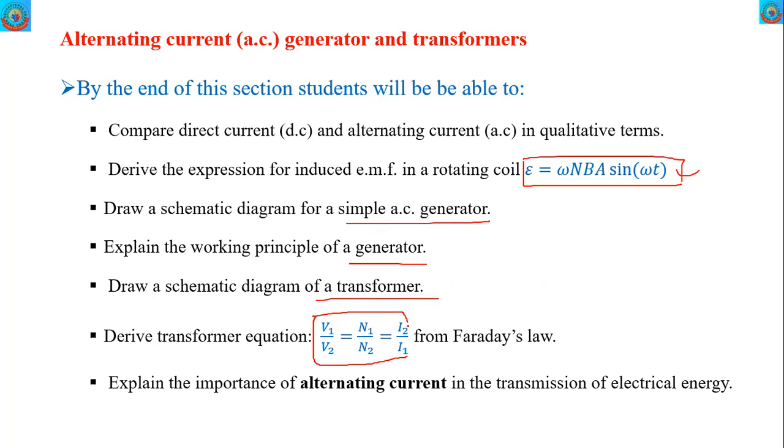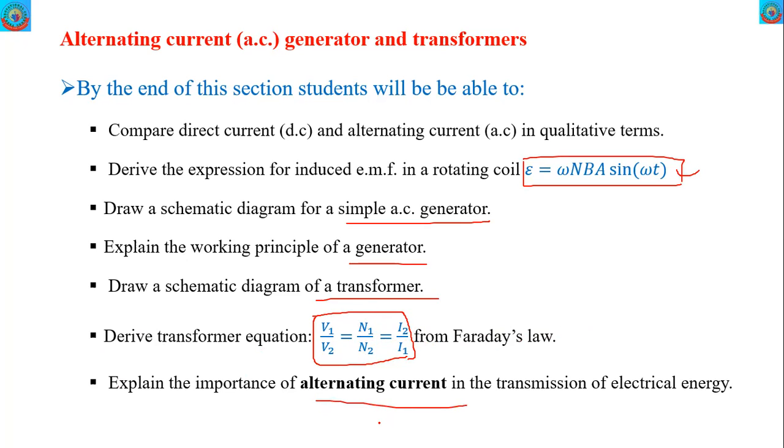In a transformer there is a primary voltage and a secondary voltage, the number of turns in the primary circuit, the number of turns in the secondary, the current in the secondary, and the current in the primary. So you have to derive the equation for a transformer. Okay, and explain the importance of alternating current.